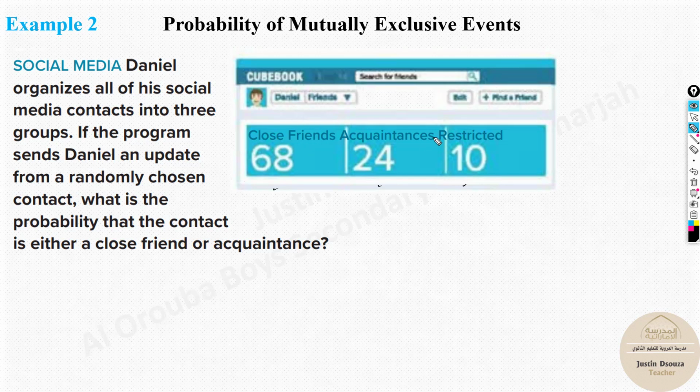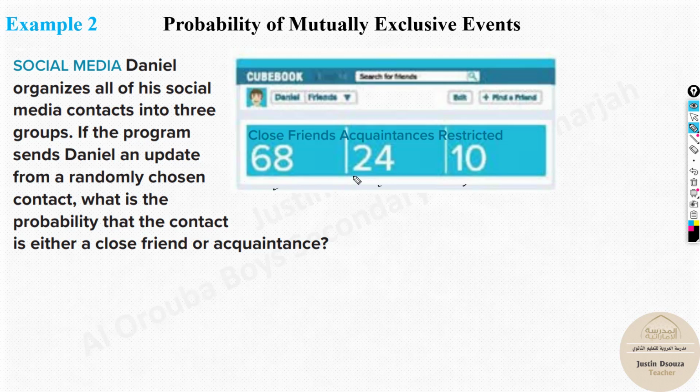Now, close friend, acquaintance, and restricted people. So he has separated his friends list. Close friends are his close buddies, whereas an acquaintance is someone you know from maybe a friend's friend, but you don't know him very closely. Okay, so you call him an acquaintance. Restricted is someone you've blocked, basically.